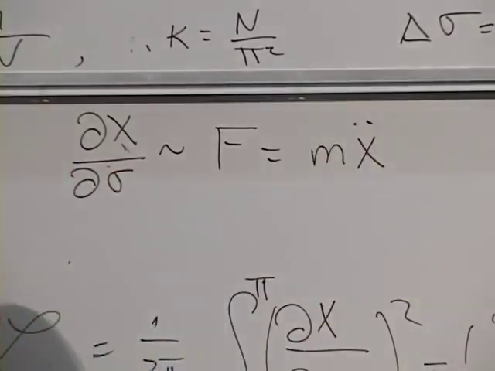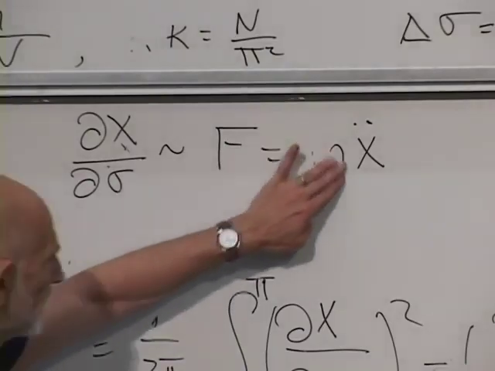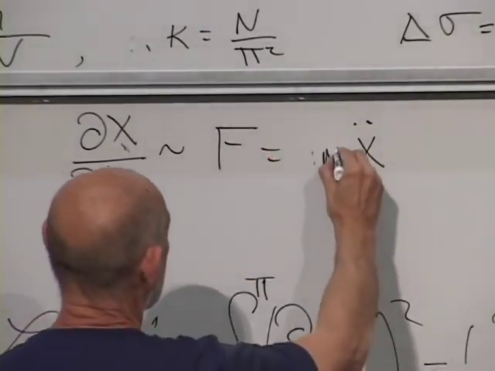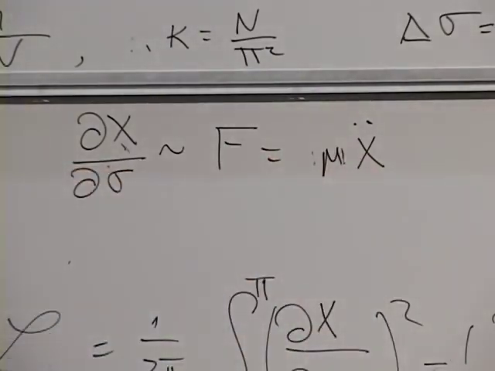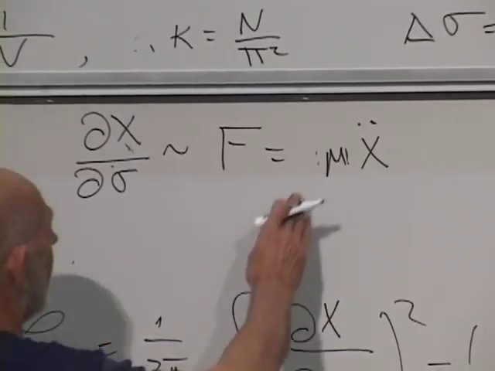But what is the analog mass? This isn't m, this is mu. Because we've chopped up the string into lots of little pieces, the end point is very, very light. It has a mass which is only 1 over n.